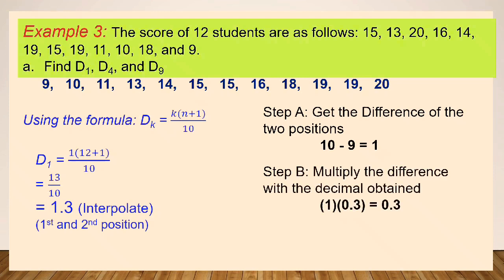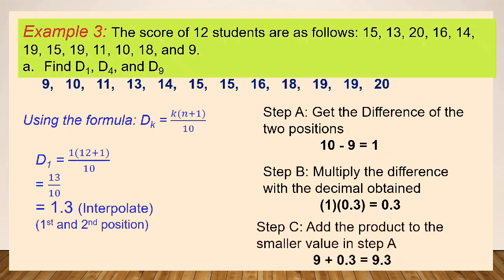In our second step, we are going to multiply the difference by the decimal obtained, that is 0.3, and finally adding the product to the smaller value in step A results to 9.3. So therefore, class, the value of D sub 1 is equal to 9.3.